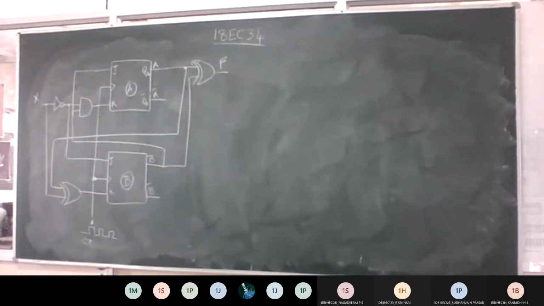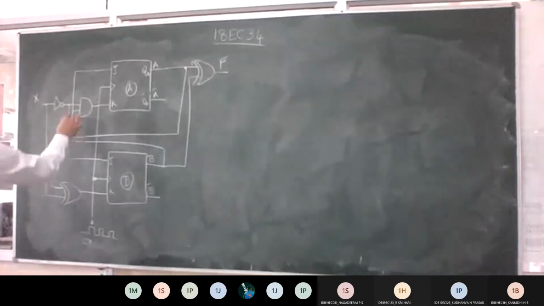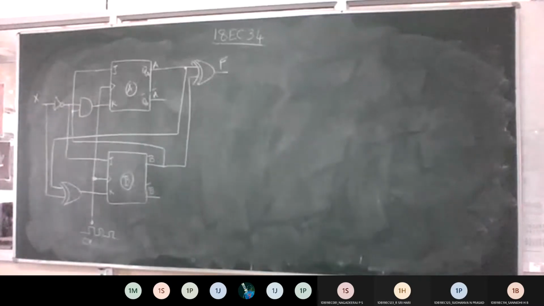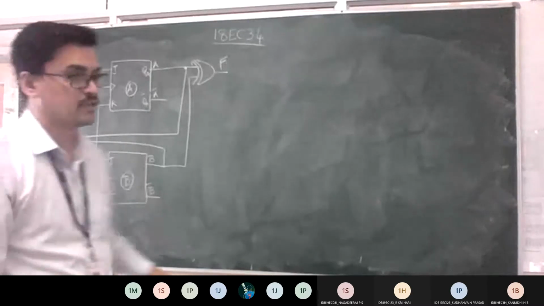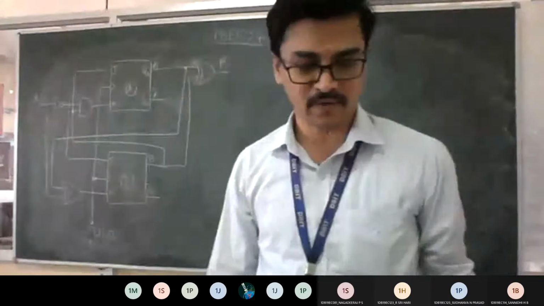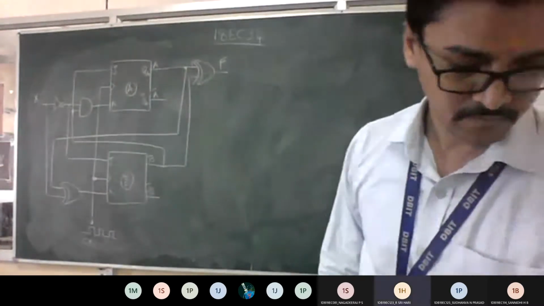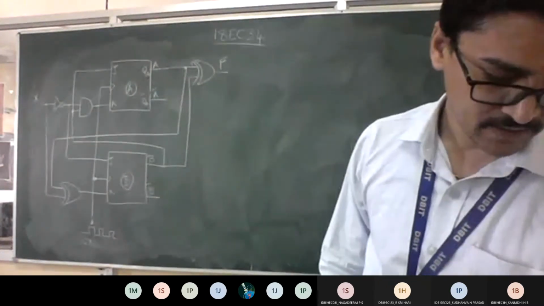So look at the question. Is it visible completely? Let me know. This is the given sequential circuit diagram for you. This connection is from B, and A bar is left free, B bar left free. Is it visible here completely, everyone? Yes, sir.